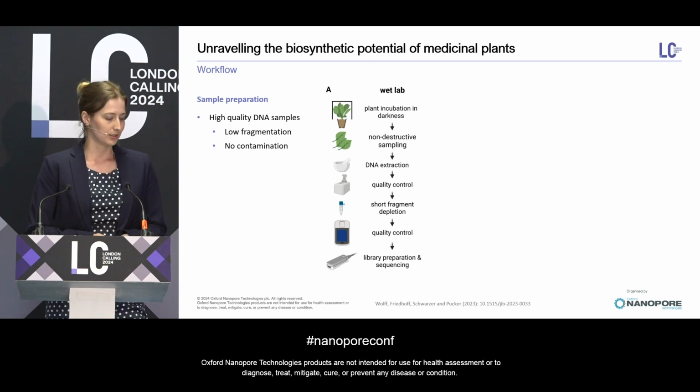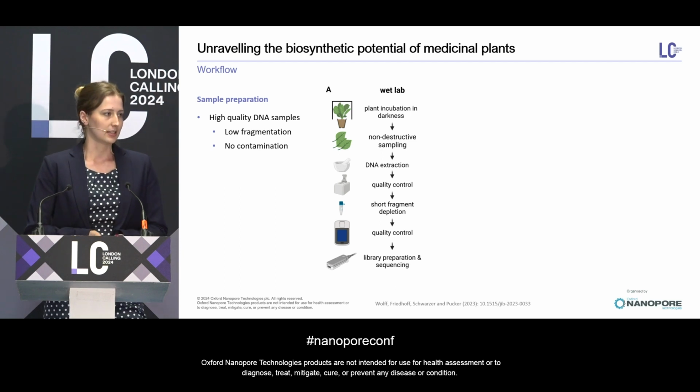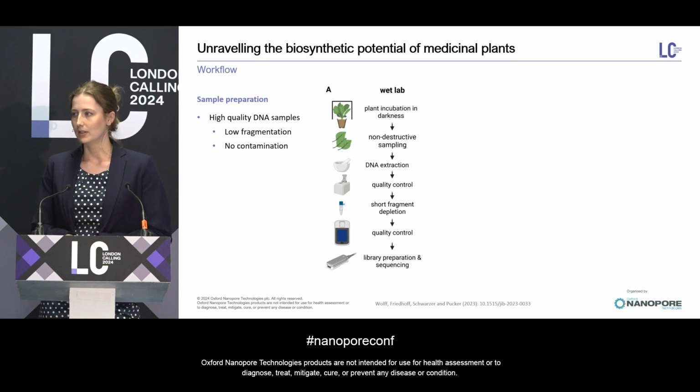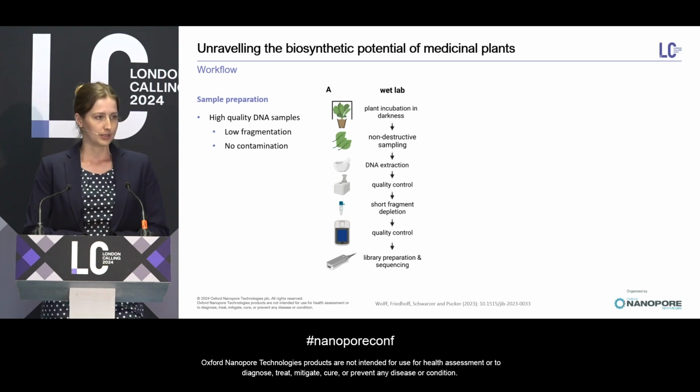So what we usually do is that we incubate the plant in darkness for a couple of days and then do non-destructive sampling of plant material, mostly leaves, which we then grind in liquid nitrogen and then start the DNA extraction protocol. Because we only want high-quality DNA samples with a low level of fragmentation and no contamination, we do quality control steps before and after the short fragment depletion.